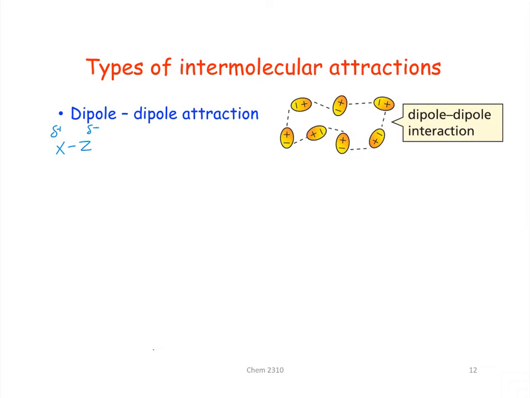So we have this polarity in one molecule, and that's going to orient itself to another molecule, but in the opposite direction. So there's going to be an attraction between the delta minus end, the Z, and the X end of another molecule. So delta plus, delta minus, and these are going to continue on like this.